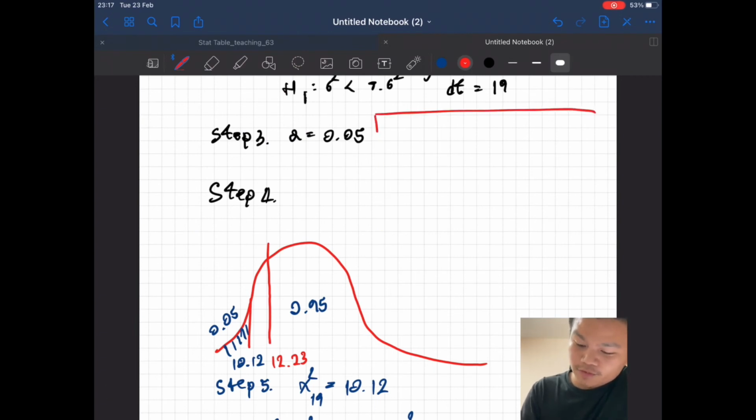Step 7: so we reject the null hypothesis.